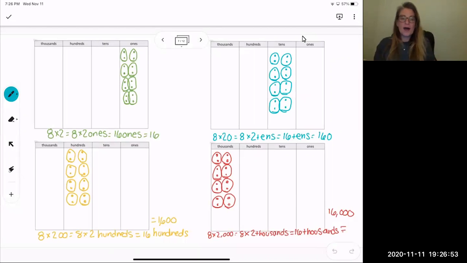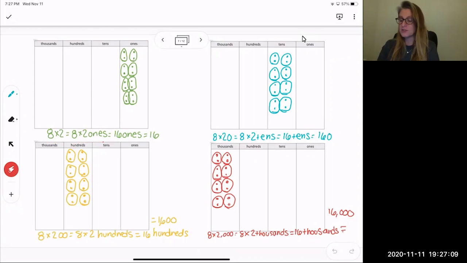Okay, so I represented all 4 of these problems together, and I used our unit form to represent them. So we started with 8 times 2, which in turn in unit form would be 8 times 2 1s, okay?